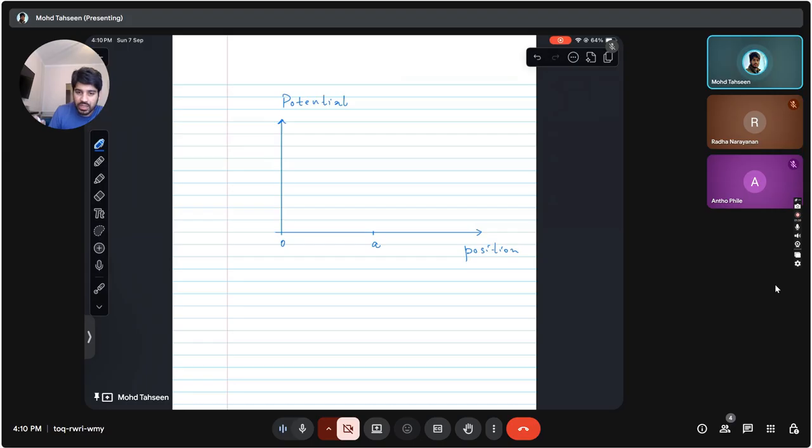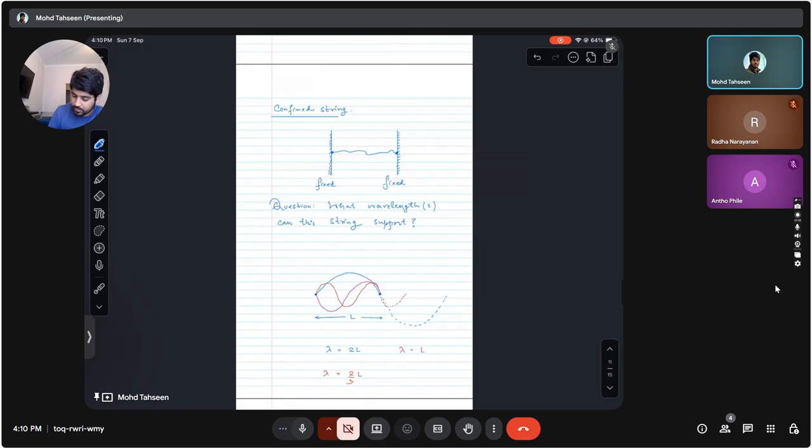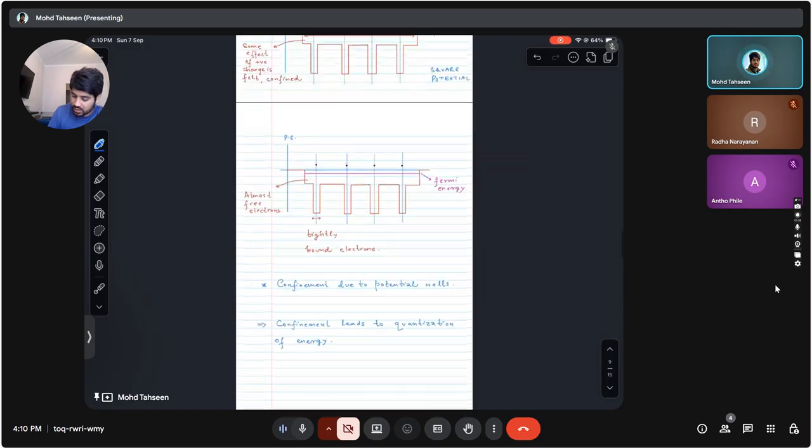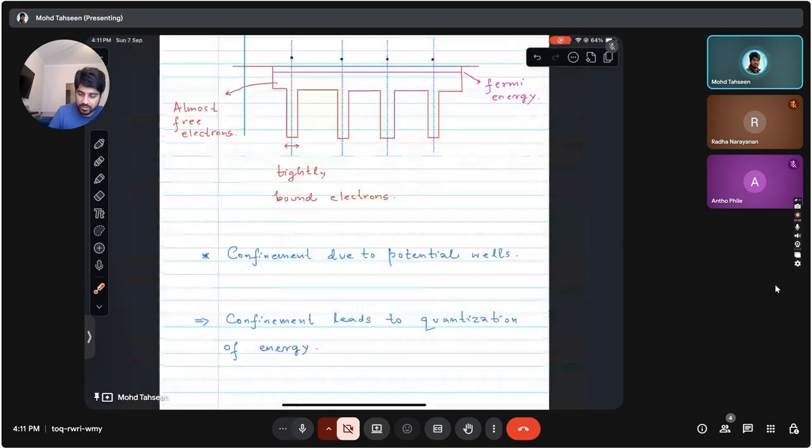Now here I am treating A as some parameter. Later I can treat this A to be either this distance or this distance, because in both cases I have confinement. So I will derive a general expression, then the same results I can interpret for this as well as this region, because both are confined, right?